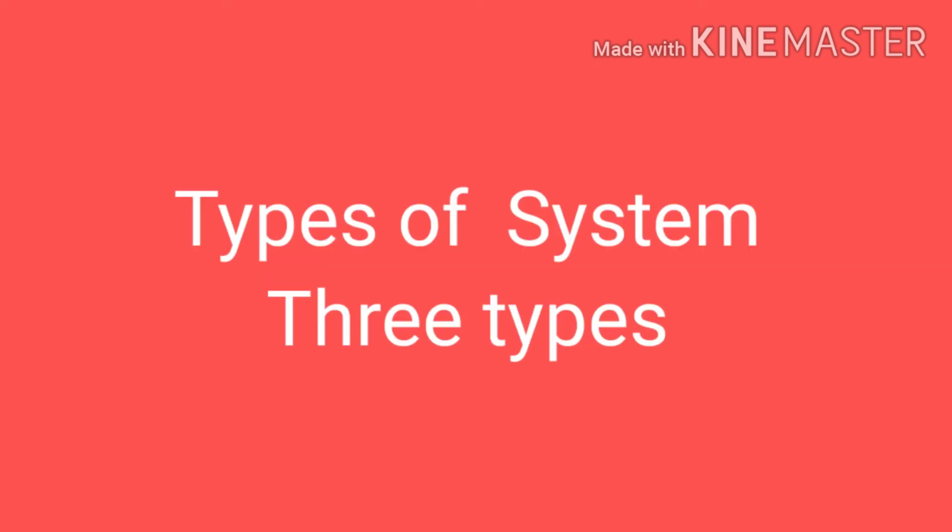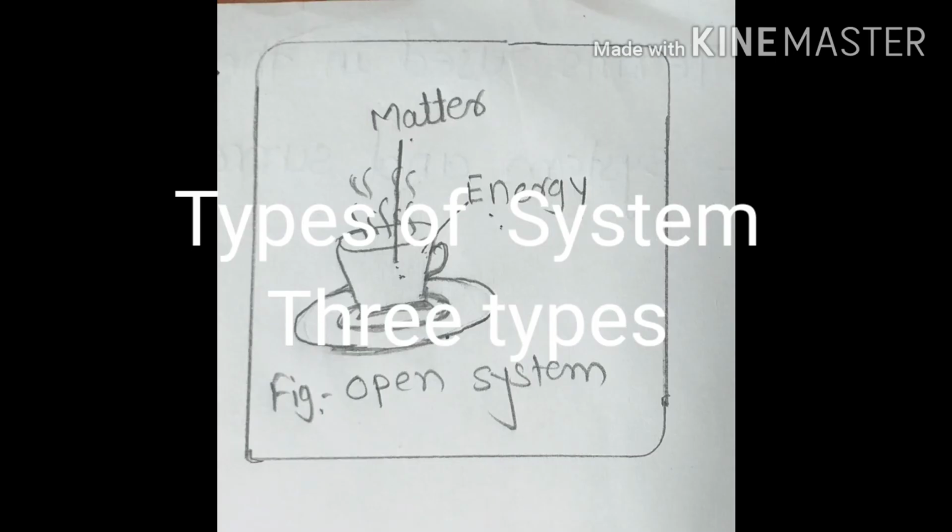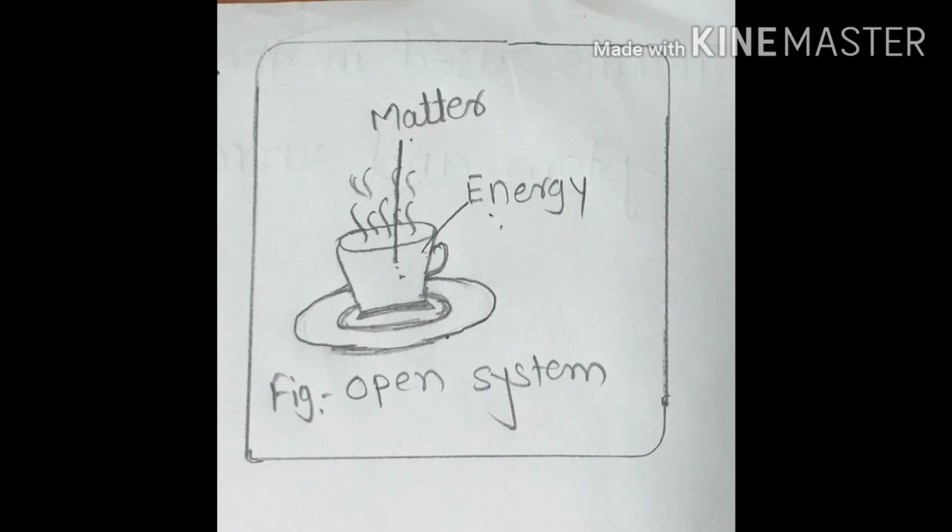Types of systems: there are three types of systems on the basis of exchange of matter and energy between system and surroundings. In this figure, an open cup containing hot coffee, we observe that the coffee cools down, releasing heat to the surroundings.